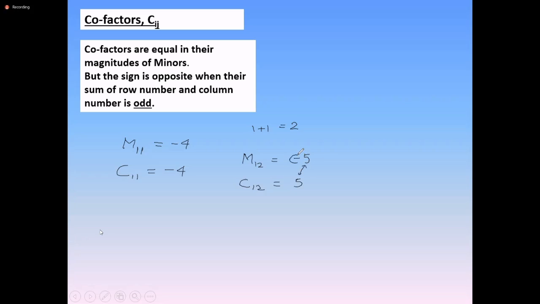But the sign is changed. Minus becomes plus here. Why? 1 plus 2. Here the row number is 1, the column number is 2. Then 1 plus 2 is an odd number. That is 3. No?